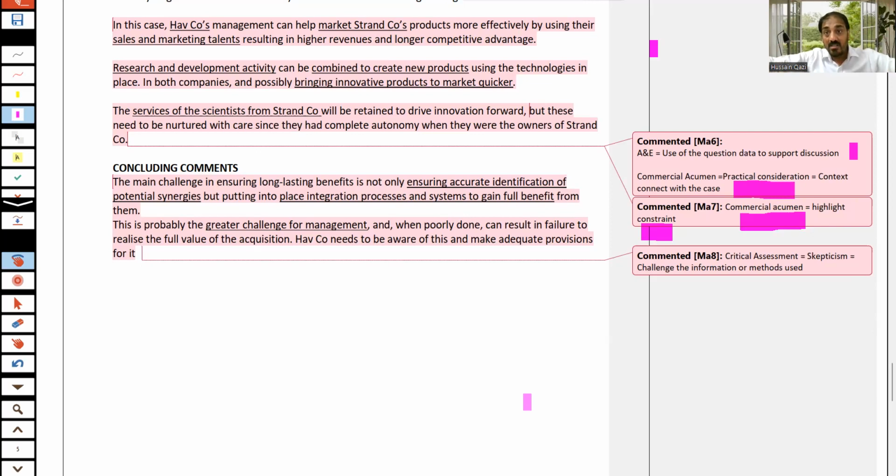Yes, it's a challenge, but also proper integration process and the system to get full advantage. This is probably the greater challenge of the management of HAF company. If they do it poorly, not manage these things properly, it can result in failure to realize the full value of acquisition. And HAF company need to be aware of this and make adequate planning or provision before acquisition.